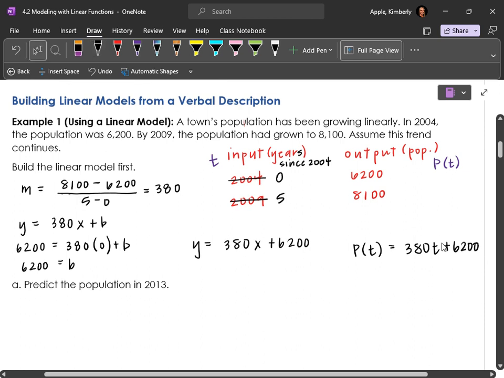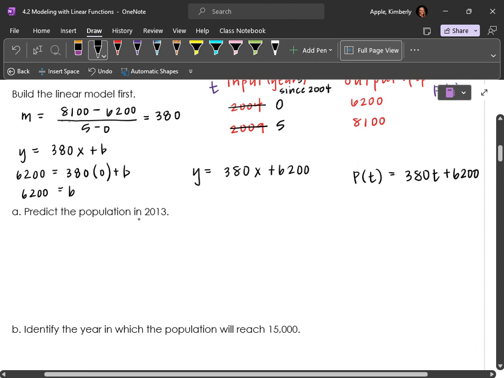So then it wants us to predict the population in 2013. Now remember, we've redefined t to be the number of years since 2004. So, how long has it been since 2004 here? Just doing that calculation off to the side, it would be about 9 years. So in this case, that would mean t equals 9.